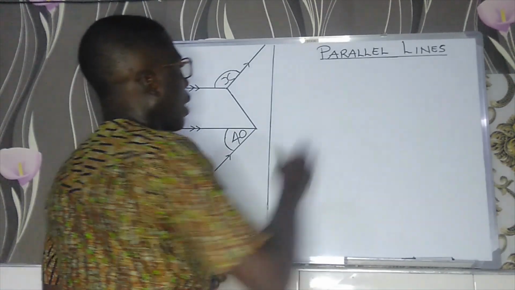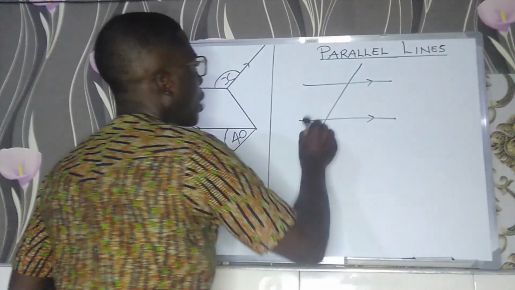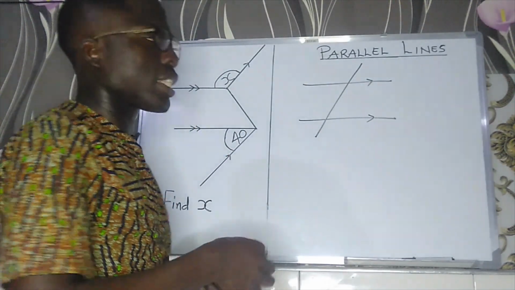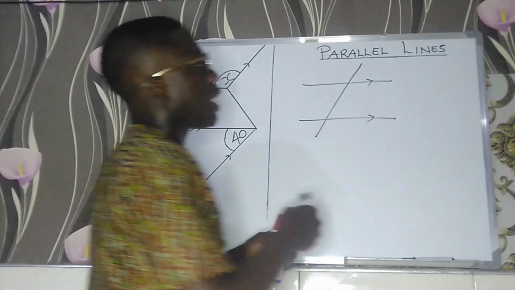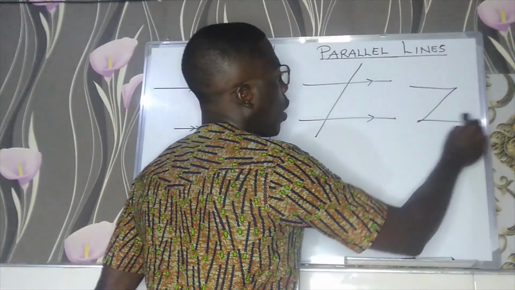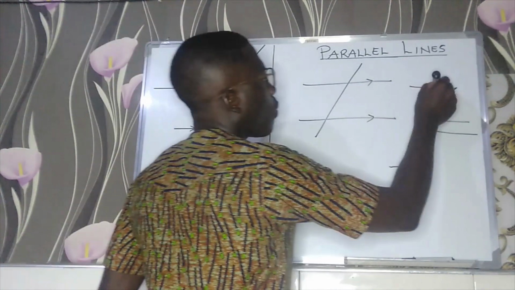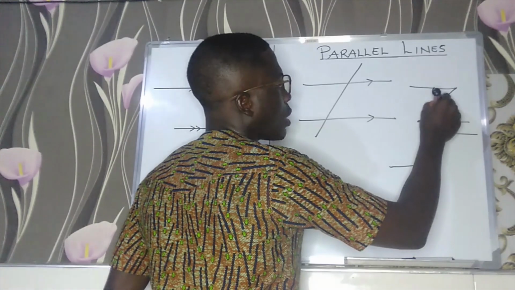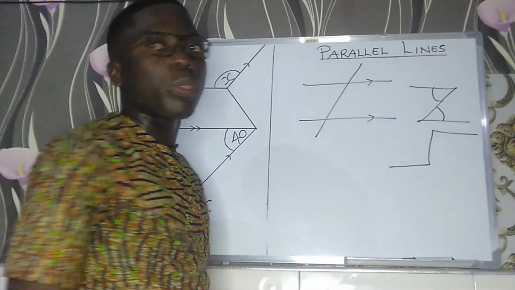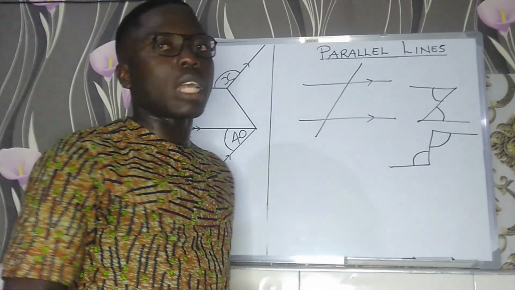Let's move on to alternate angle as the next one on the list. So we have our parallel line this way, our transversal line. Alternate angle, we say they take the shape of Z this way or this way. And so we are saying this particular angle is alternating to this particular angle, or this angle is alternating to this particular angle.